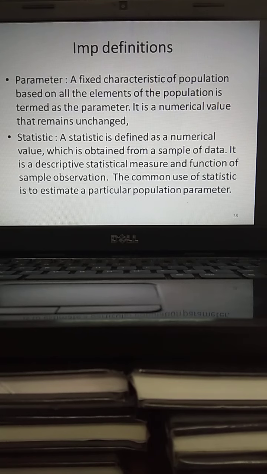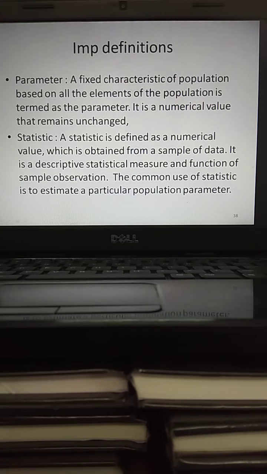The parameter in inferential statistics means a fixed characteristic of the population based on all the elements of the population. It is a numerical value that remains unchanged. Population parameters are always fixed.